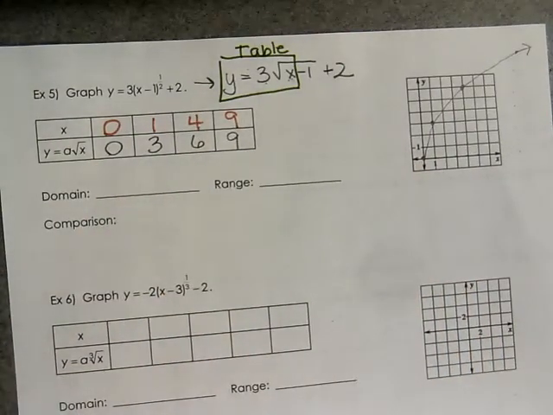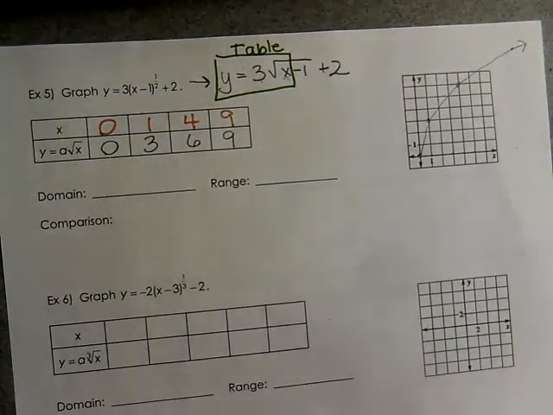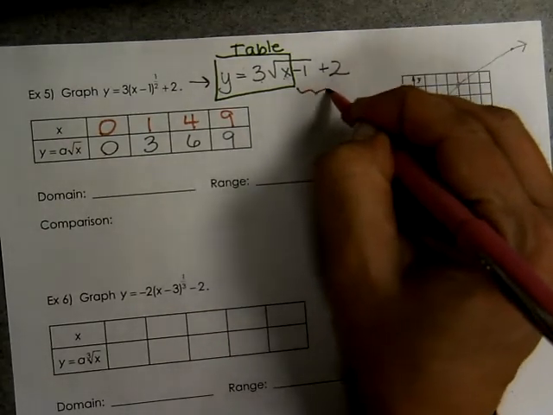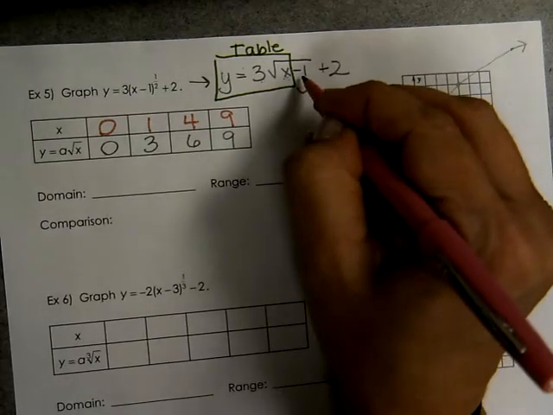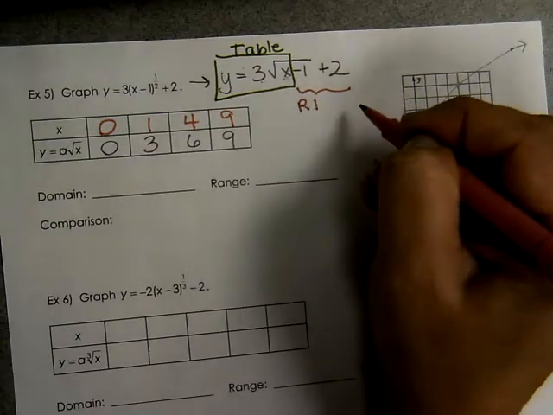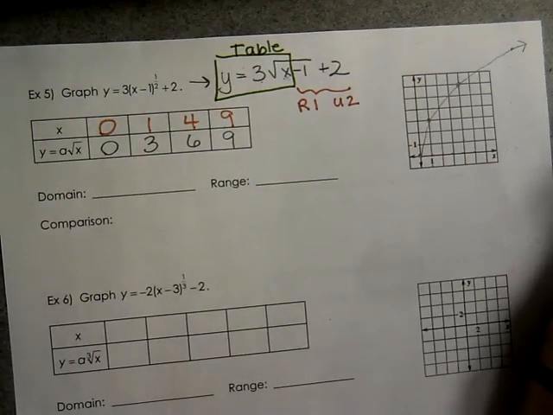What we actually want to do, however, is graph this function, which means this part tells me to move the graph a certain way. This tells me to move the graph right 1 and up 2.